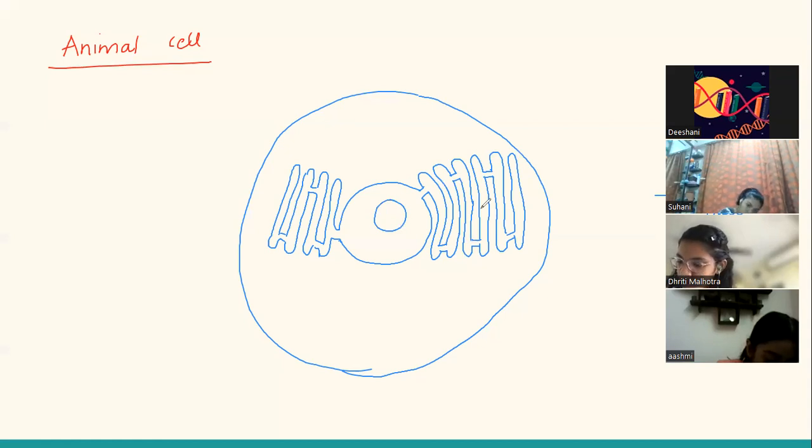Next we have to draw, okay, we can draw any of them. We can draw Golgi apparatus. So Golgi apparatus will be something like this.